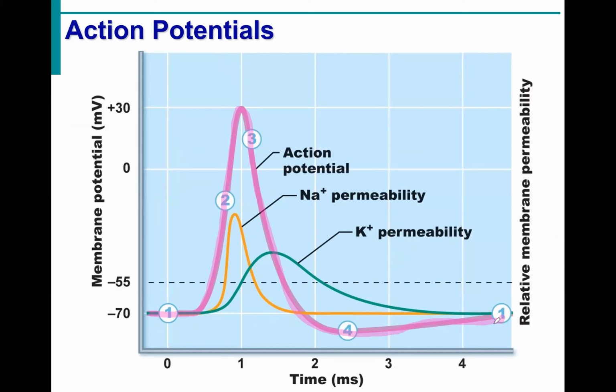So that's the action potential we've talked about. But what's cool here is that in yellow and green, these represent the permeability of the cell to the ion, right? Basically, that's a fancy way of saying how much of the ion can move across the plasma membrane.